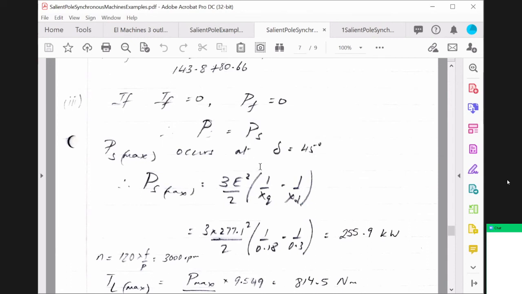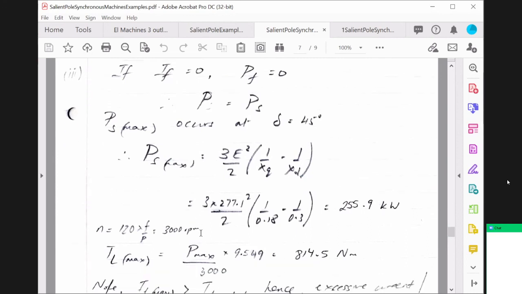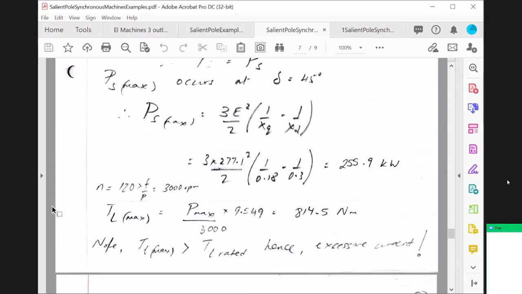So I've worked out the maximum salient power using the equation, and also worked out the synchronous speed of the machine. And the maximum load torque that the motor can produce, which is the maximum power at which the motor is working, I've converted to 81.145 Newton meters.